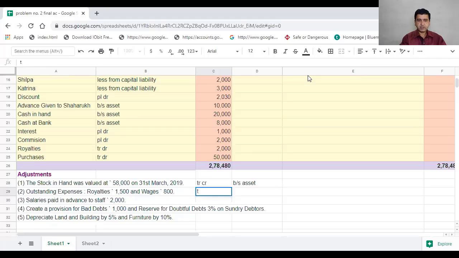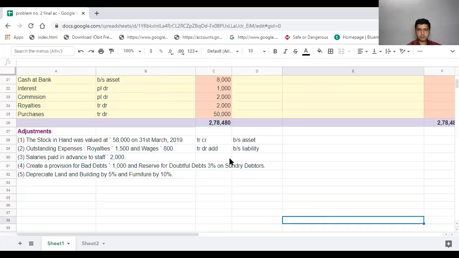First effect, trading debit, add to particular expenses, means add to royalties and add to wages. Second effect, balance sheet, liability side.